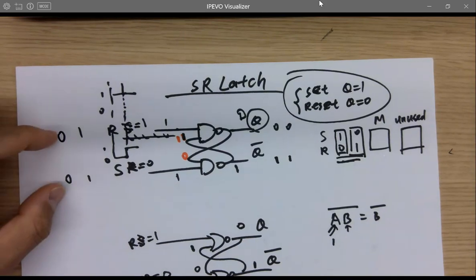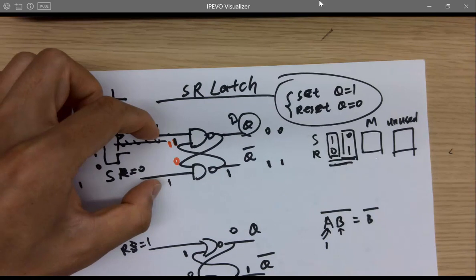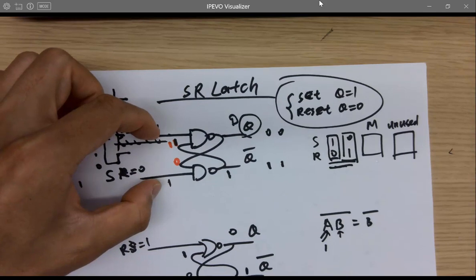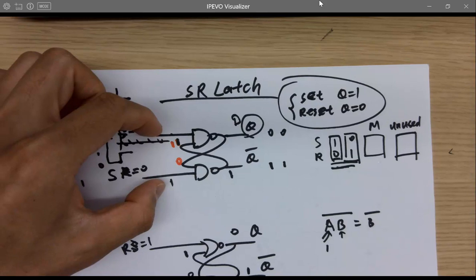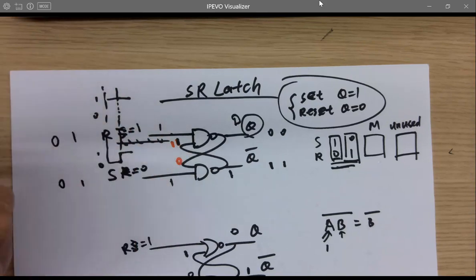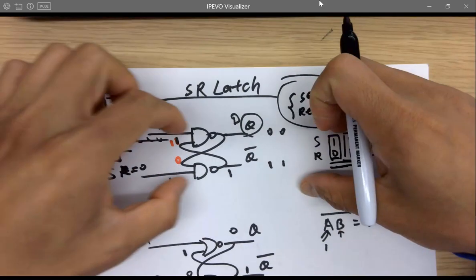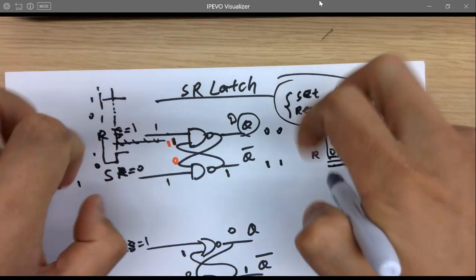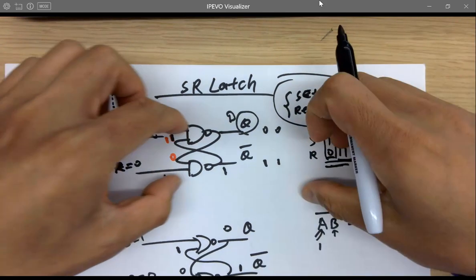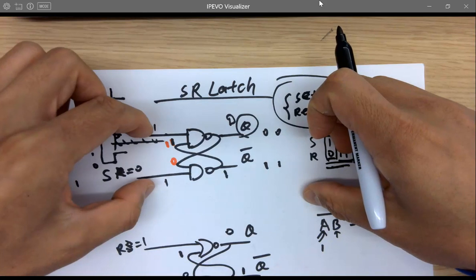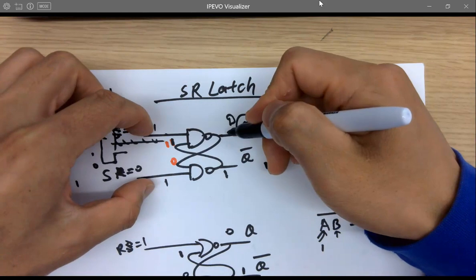What's going to happen if you have 0, 0 here? So 0 is going to, sometimes it's kill. It's going to kill that NAND gate and give you what? 1, 1 for the output, right?